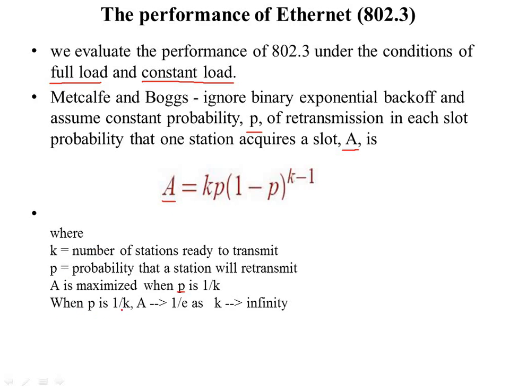So when P is equal to 1 upon K, A tends to 1 upon e as K tends to infinity. When you go on increasing the K, A tends to 1 upon e, and that will become the maximum slot acquired by a particular station.